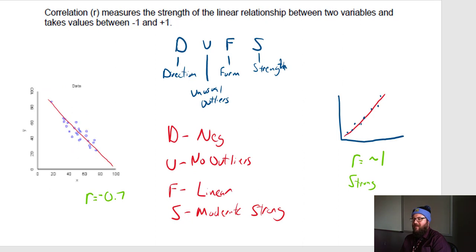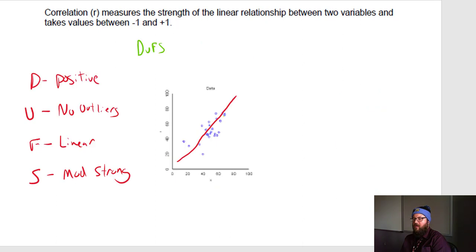Moderately strong over here gave us a negative 0.7 whereas this is going to give us a positive value because this is a positive slope. So the correlation we'll just say 0.7. Since we say moderately strong, we'll say the same numbers. Now, I don't know if that 0.7 is exactly the correct number. I'm just guessing to show what type of correlation number you would get close to with those type of data points.